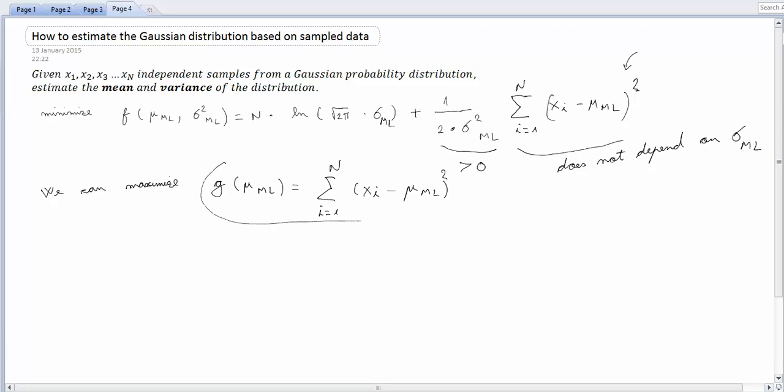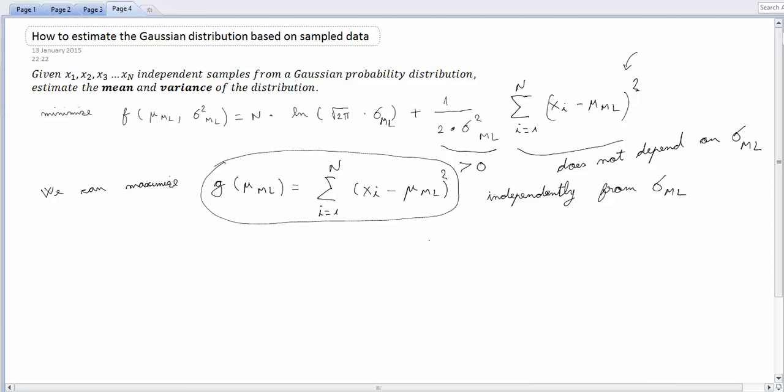So we can maximize all this independently from sigma maximum likelihood. Okay, and this is pretty simple to maximize.